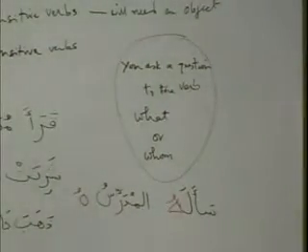And similarly, if you say inna and then you attach a pronoun, what is that pronoun? Ismu inna mansub. Now we know that this same hu can be majroor or it can be mansub.